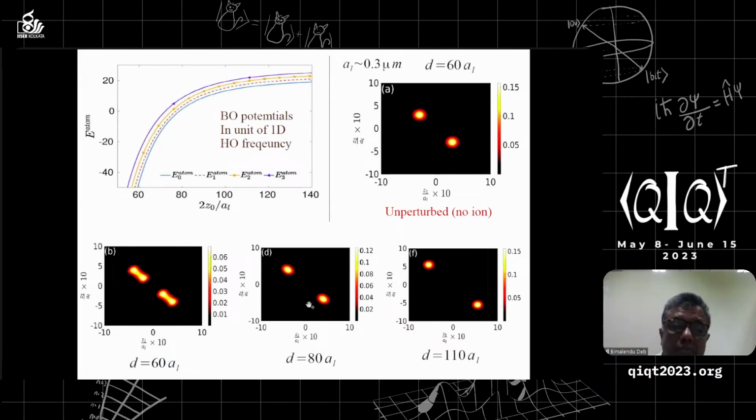So we have calculated 4 Born-Oppenheimer potentials. So these are the atomic potential, atom-atom potential.